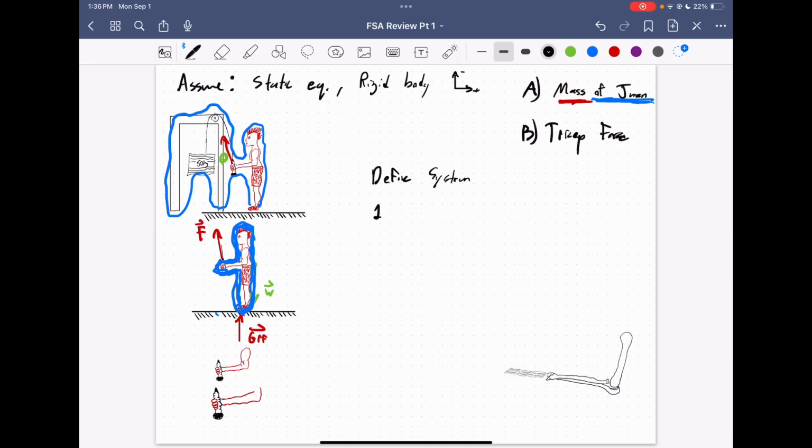To define the system, you first find/identify the force, or I guess you could do moment. We'll just stick with force right now. We haven't talked about that. Force that you want to solve for.